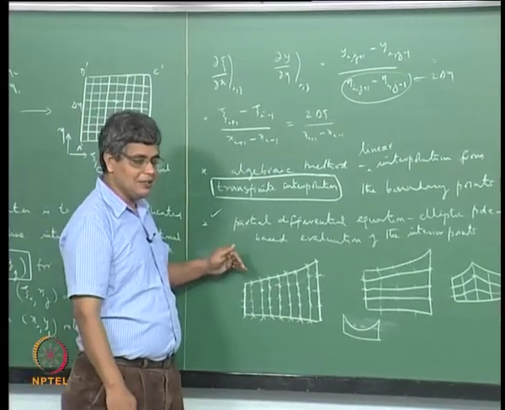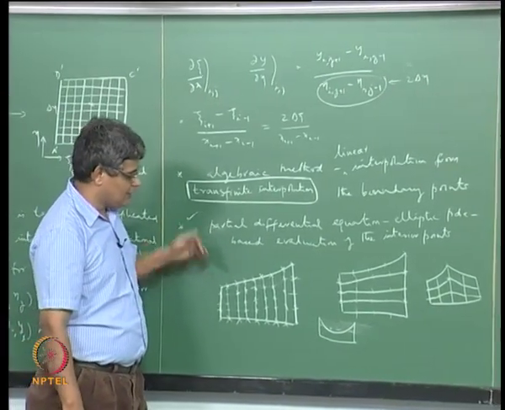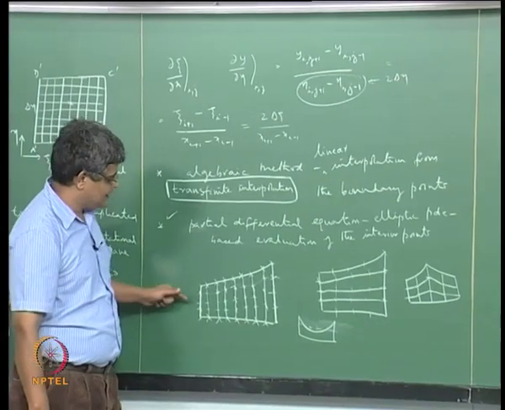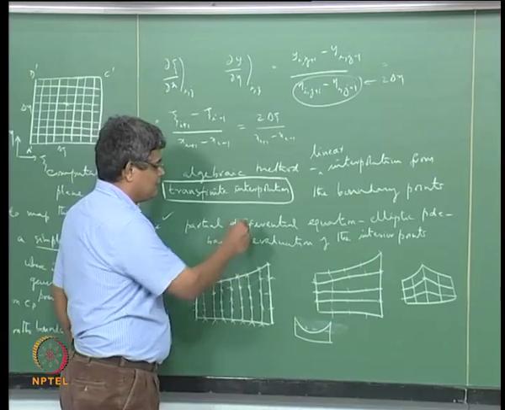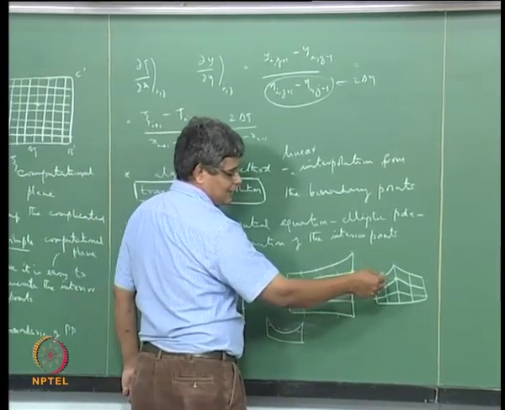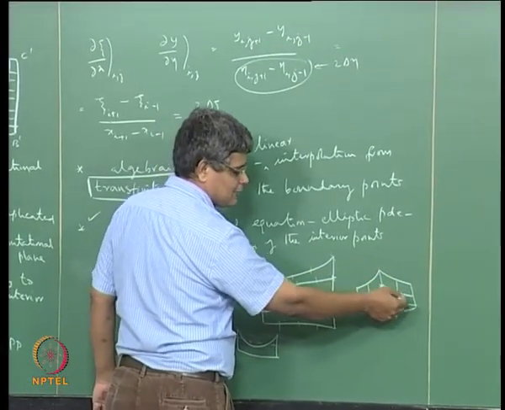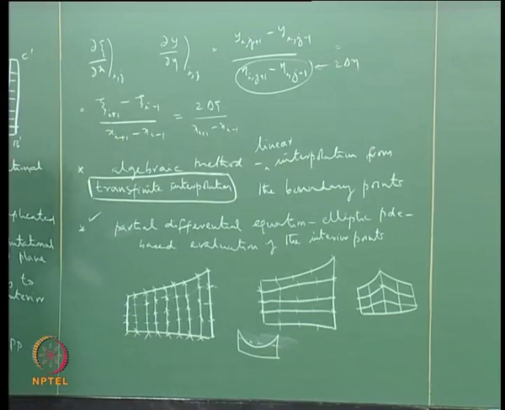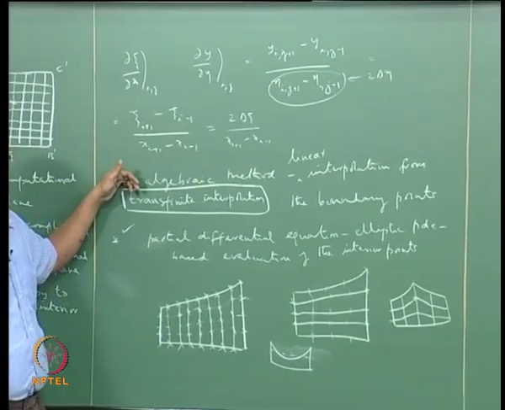But this is still a linear interpolation, and there is no condition that the grid lines are smooth. And even with this, the disadvantage of boundary slope discontinuities propagating into the interior still remains. So that is one of the disadvantages of the algebraic interpolation method.